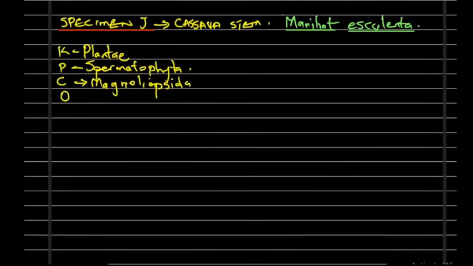And then we have the order, which is the Euphorbiales. We now have the family to be the Euphorbiaceae.